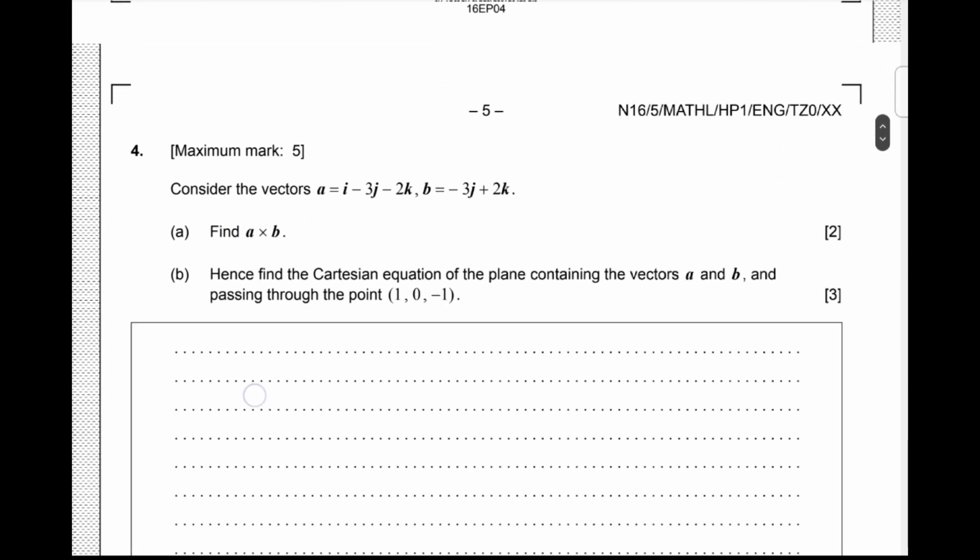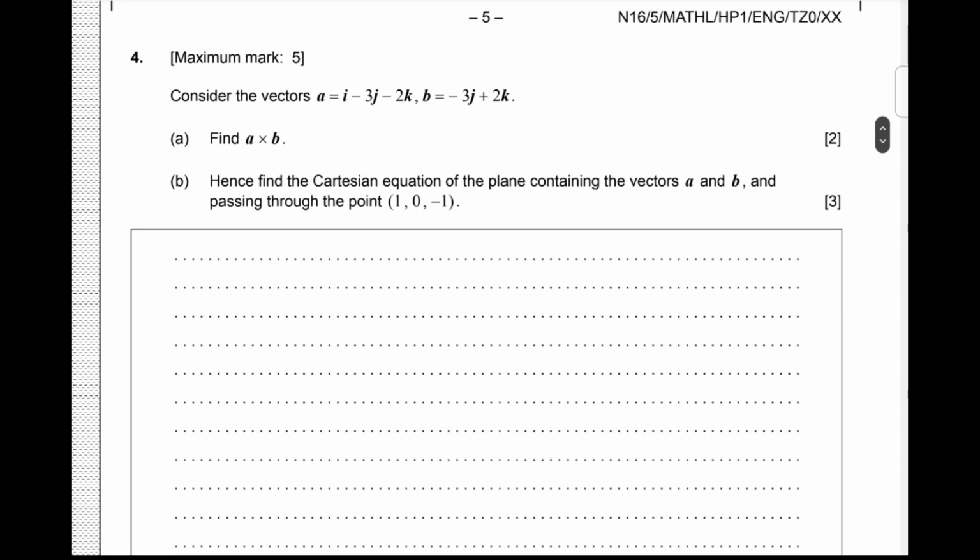Now let's solve this problem. Consider the vectors a equal to i minus 3j minus 2k, b equal to minus 3j plus 2k. Find a cross b. So how do we find this value? We can use the rule: a cross b equals the determinant of i, j, and k.